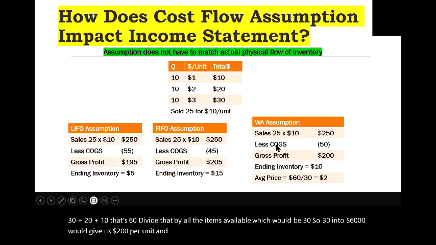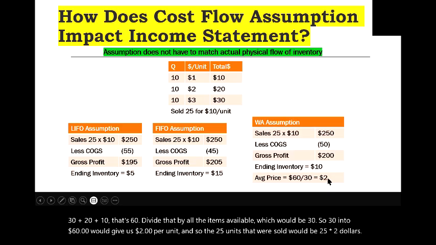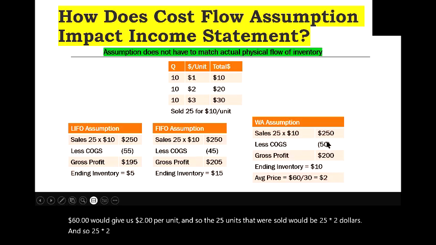And so the 25 units that were sold would be 25 times $2. And so 25 times $2 would be $50. Subtract 50 from the 250 revenue, we get a gross profit of $200.